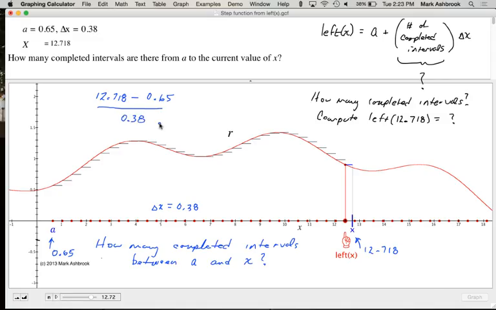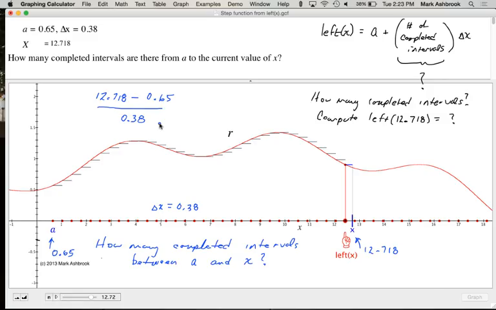We've got this whole change, and we're going to divide it by 0.38. Why does that work? It's taking that whole distance, and we're saying how many distances of 0.38 would fit into the whole big distance. That's division, right? How many distances of 0.38 would fill up that whole distance?